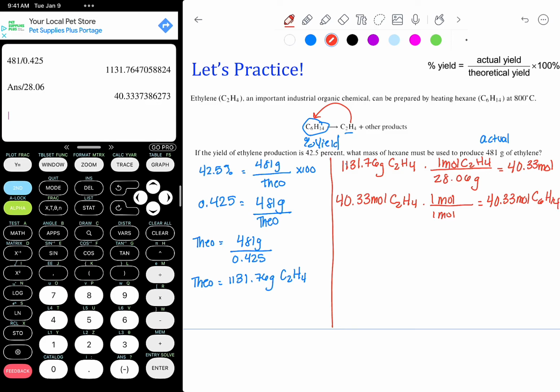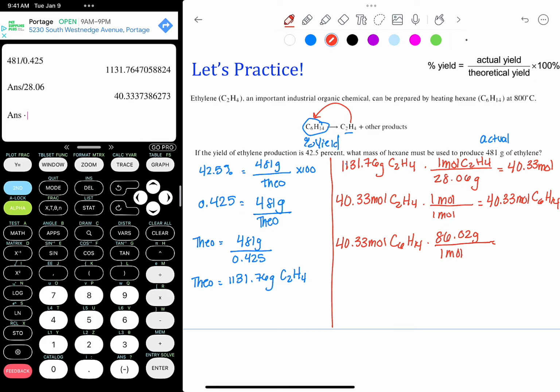Now that we know the moles of our limiting reactant, we can convert that to mass of limiting reactant, which is what the problem is asking for, the mass of hexane. Okay, so we can convert that using its molar mass. So we take the 40.33 moles of hexane, C6H14, and we're going to multiply it by its molar mass of 86.02 grams.